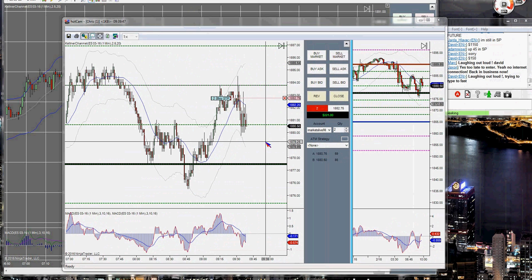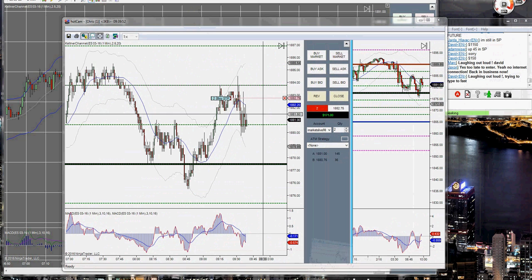We'll see if they want to turn. If they have a big flush to the downside, that'll be nice. But right now, we can't do anything until we see that turn down. Unfortunately, we have to leave our stops where they are. Okay, stops have to be in place.